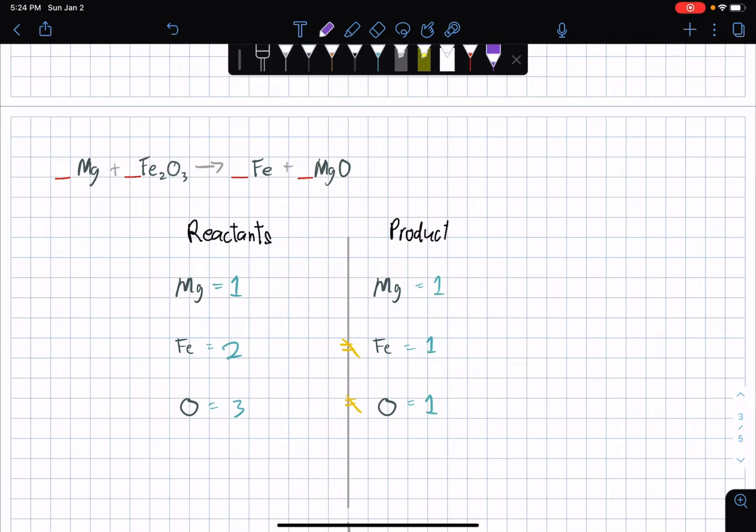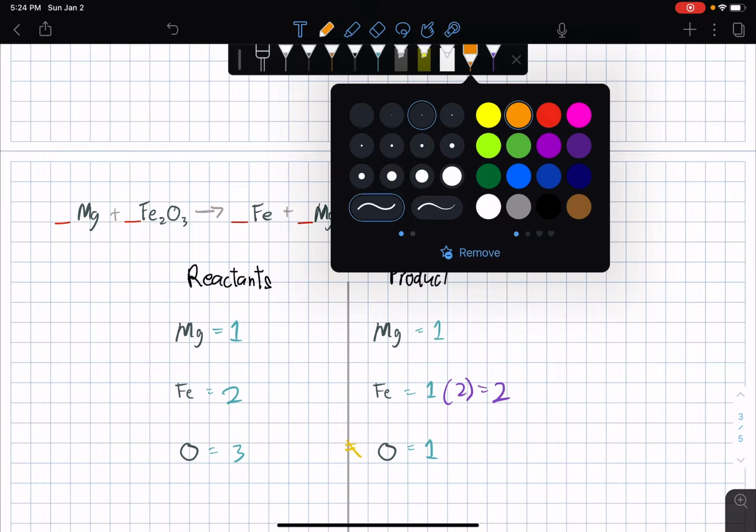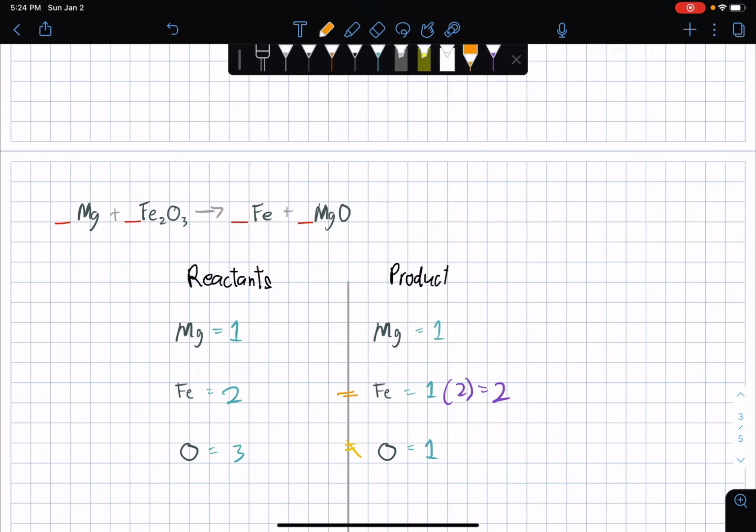So now we acknowledge that Fe here is 2 and Fe here is 1. So let's place times 2 to make this equal to each other. So these will be equal to each other. There.